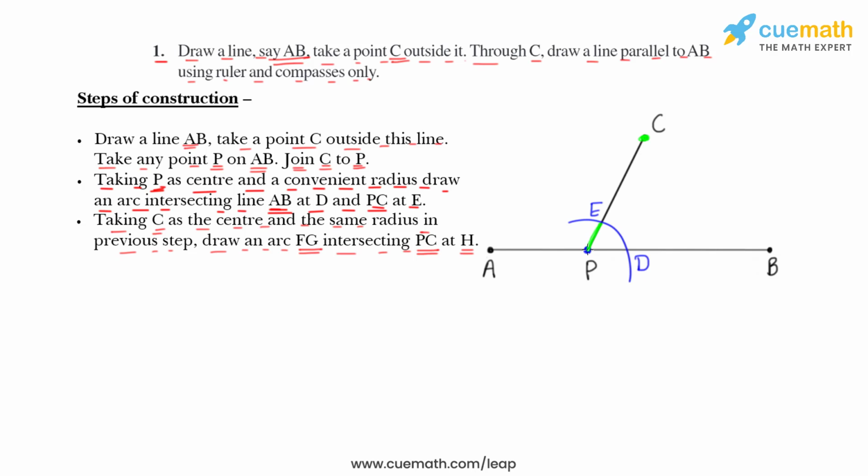So we take this same radius with center C, and draw an arc intersecting PC at H. The arc will be like this. It will intersect PC at H, and the name of this arc is FG.